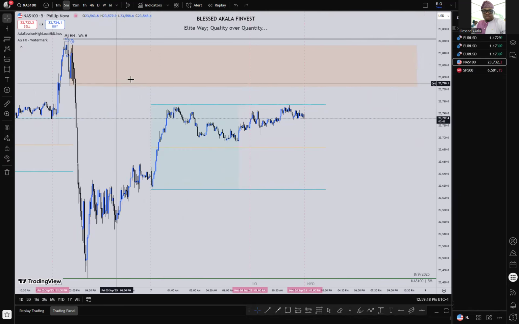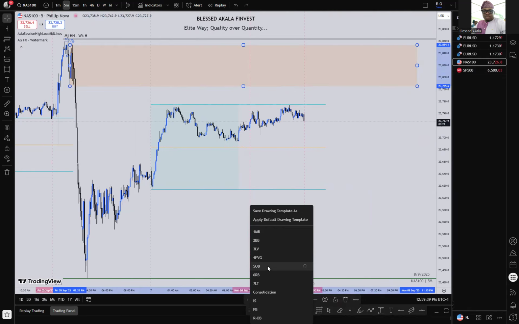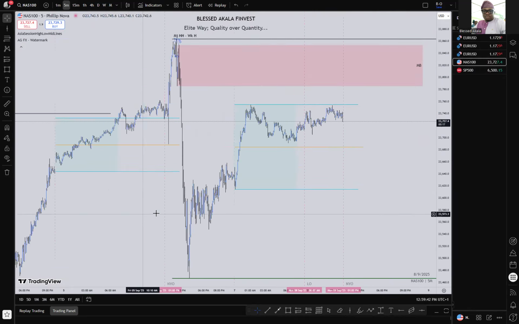So we've picked the high. If Asian high was taken and this level was protected in the market, and we find ourselves within this level, either within this level or above this level, this weak high, or within this other block, let's just take it to be a mitigation block. So let's just put it that way.